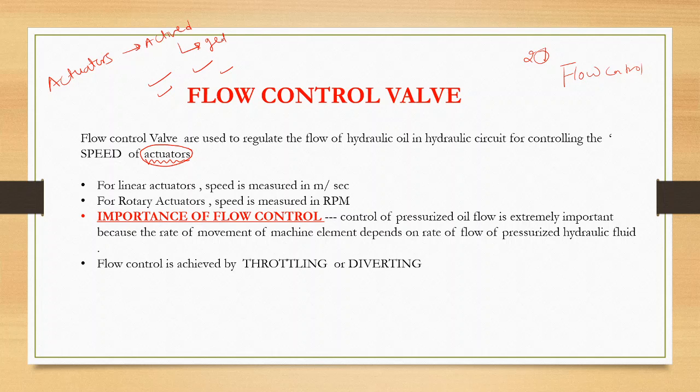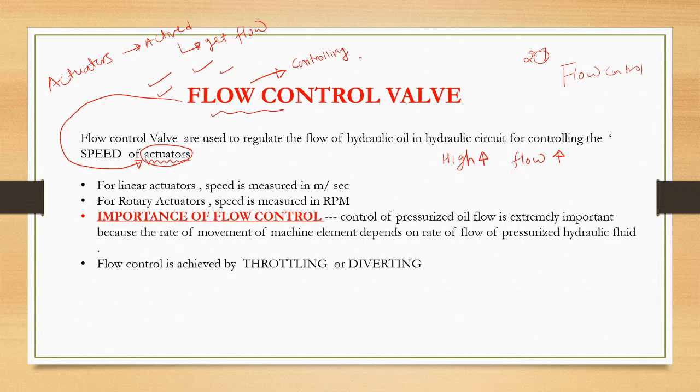So a flow control valve is used for controlling the speed of the actuator. If the speed of actuators is high, the flow rate will be high. That means, in simple terms, flow control valves are used for controlling discharge.